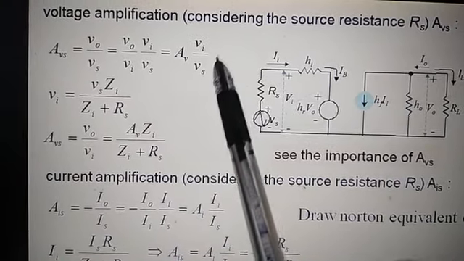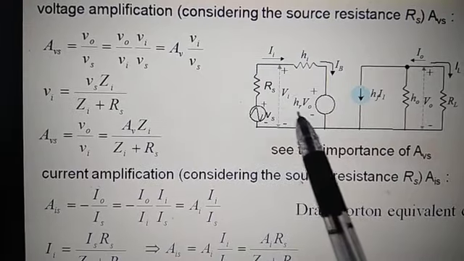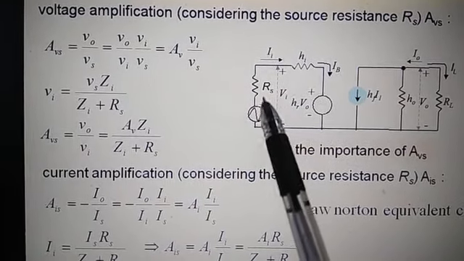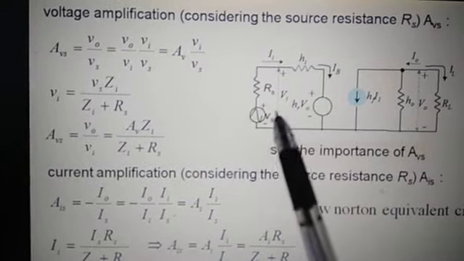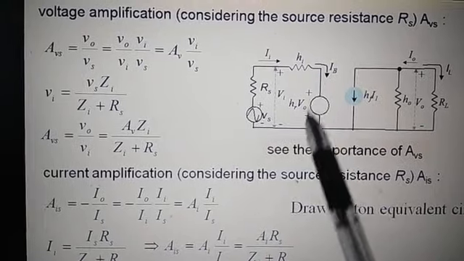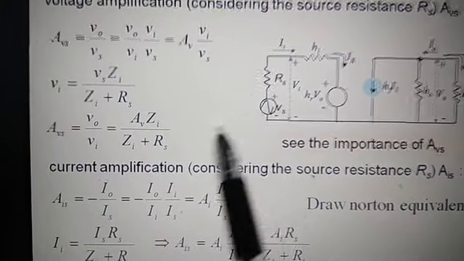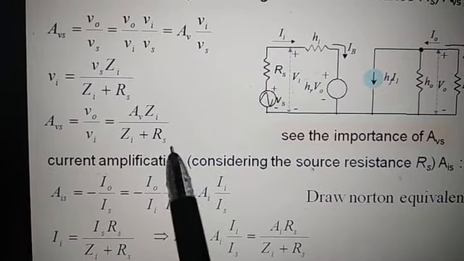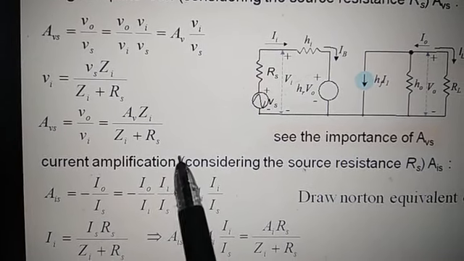Vi is equal to Vs into Zi upon Zi plus Rs, where Zi is the input impedance looking at these two terminals. So AVS is AV into Zi upon Zi plus Rs.